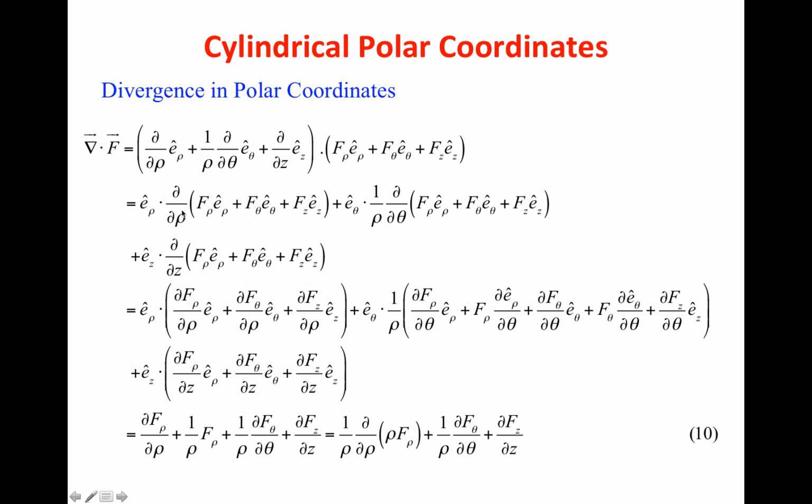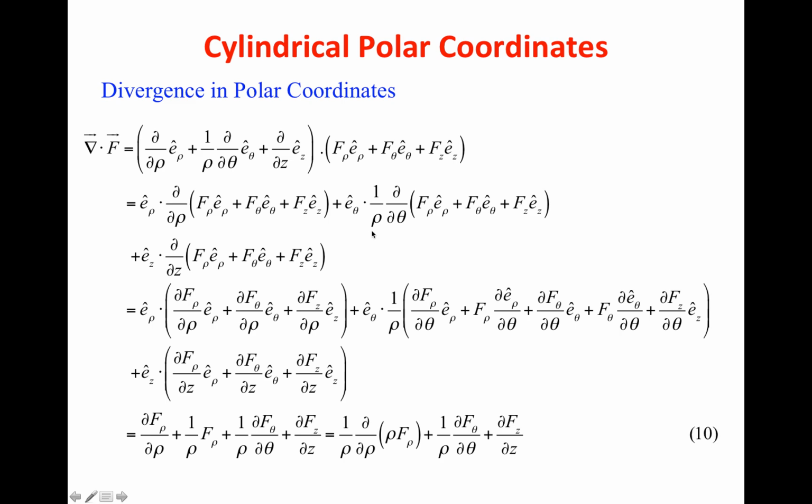So, when I take these derivatives, remember that I will have to apply my chain rule over here, but all these unit vectors E rho cap, E theta cap, E z cap were independent of rho. So, in the first component I am going to have no issues because they will remain as they are. I will have to take the derivative only of the components of the vector field f.